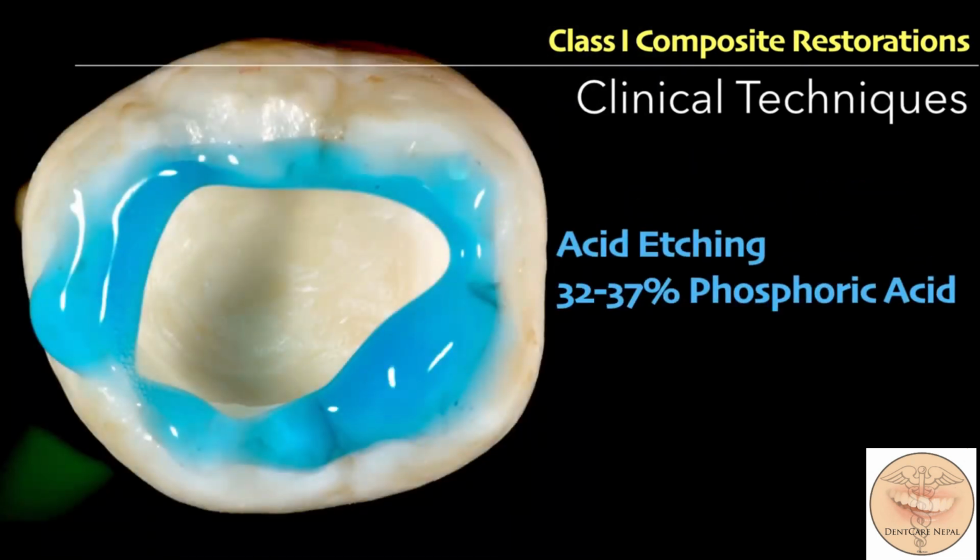Then we come to the etching. As you know, enamel is a different substrate and dentine is a different substrate, so we need separate systems for both of them. Enamel is more mineralized, has less water, and has no collagen. So we use a total etch, the strongest acid, and we can wash and dry the enamel. There is no problem with that.